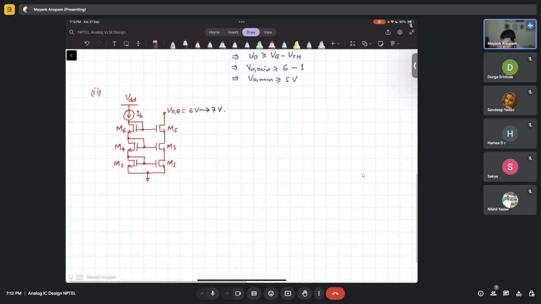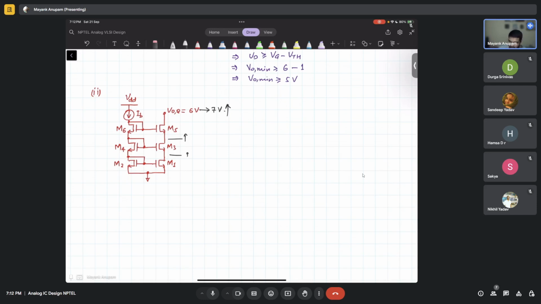In that condition, it was asked how much the voltage changes at this point. Because if the voltage changes here, then the voltage will also change here, and then also here. So the question was how much is the voltage going to change at the drain of M1. So there are two ways to do it.